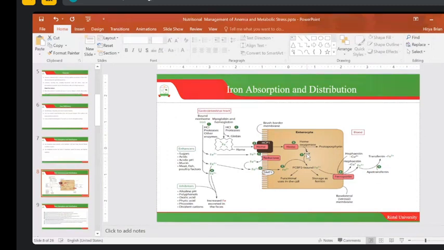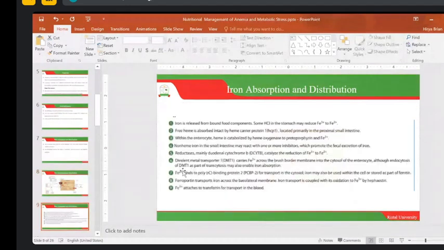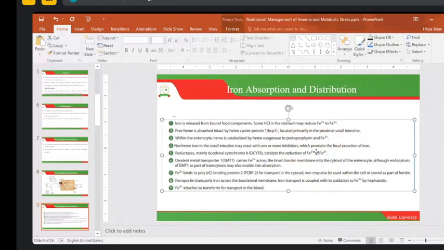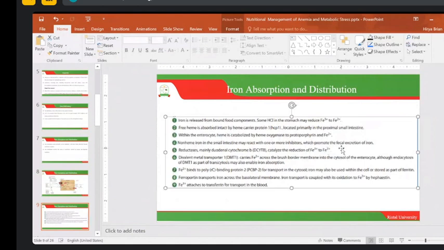For the non-heme iron, in the small intestine, it might react with more inhibitors, which promote the fecal excretion of iron, and also the reductases, mainly the duodenal cytochrome B, catalyze the reduction of the ferric iron into the ferrous iron. So we've seen the divalent metal transporter 1 being able to transport this ferrous iron across the border membrane of this enterocyte through endocytosis.